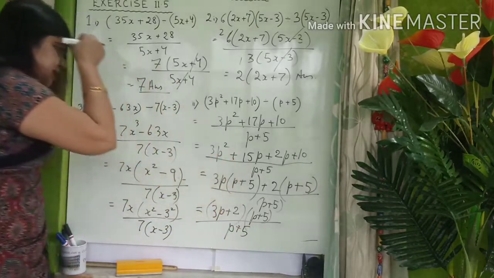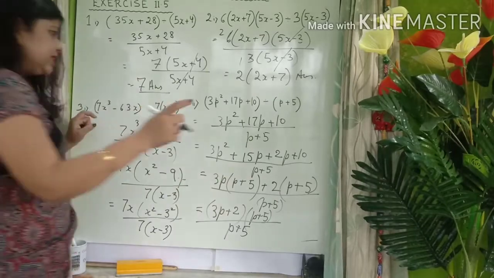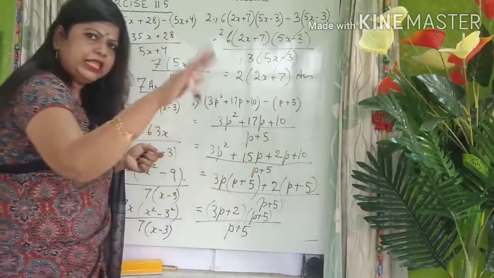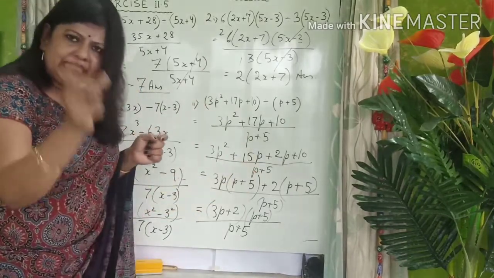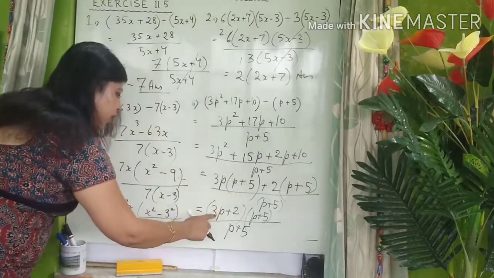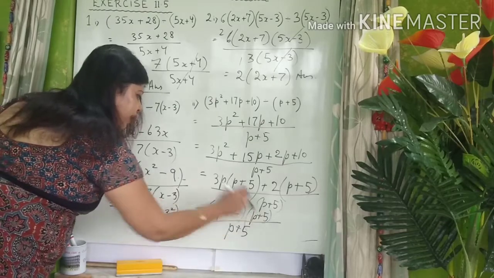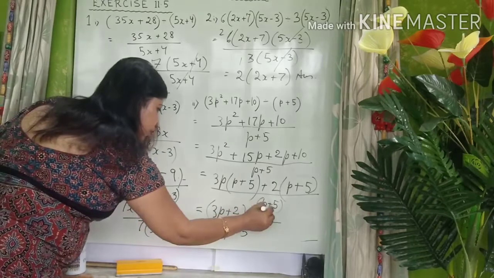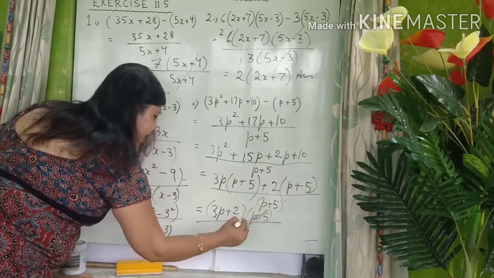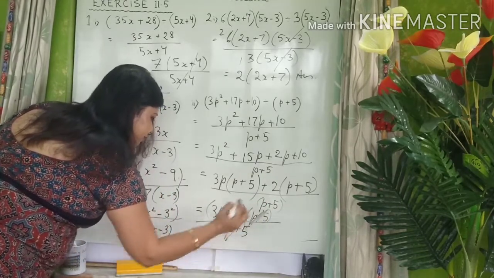Just see here, students, this kind of factorization you have already done in the previous exercise. So at the end, what did we get? In the dividend, we got 3p plus 2 and p plus 5. The divisor is p plus 5. So p plus 5, p plus 5 cancel off.